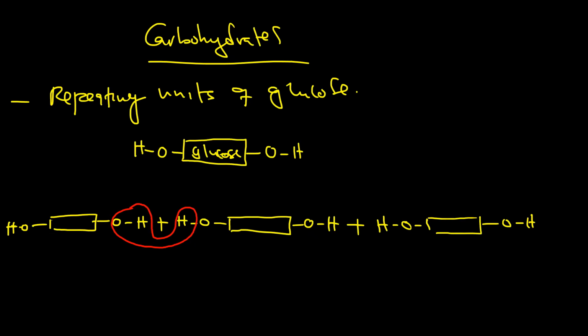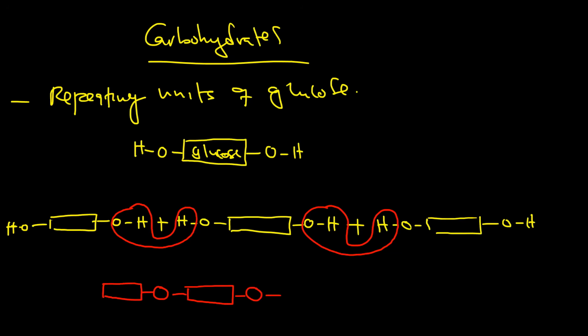Water is removed. Water is removed. And what you are going to find in the exam is something that looks like this. I'm sure you've seen this in the exam. A continuous chain like this, but at least you have an idea of what I mean.